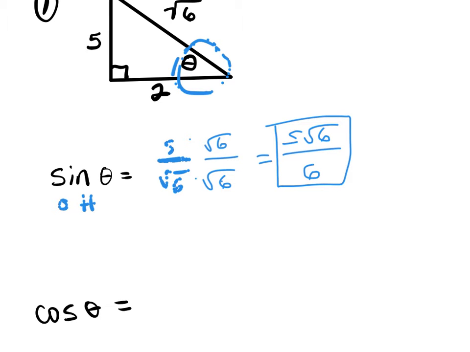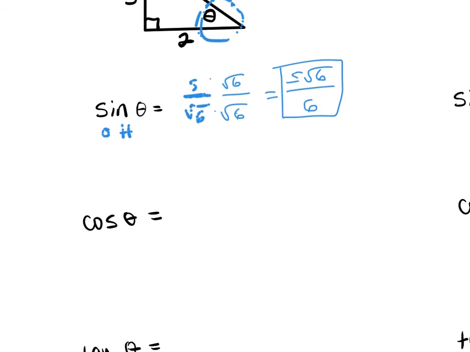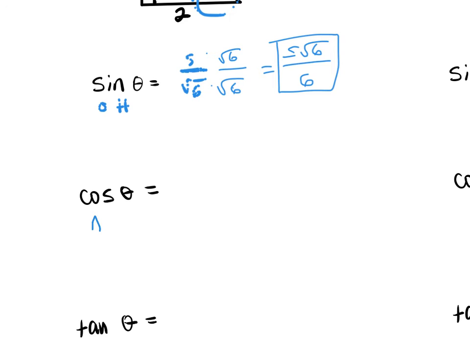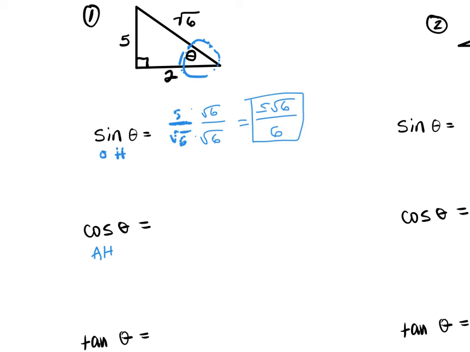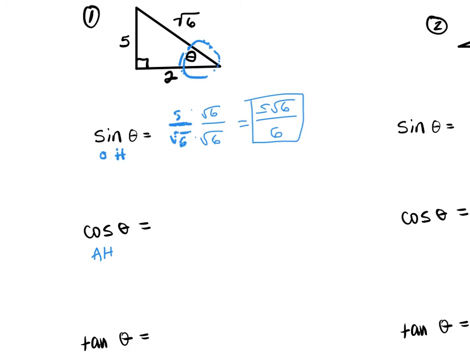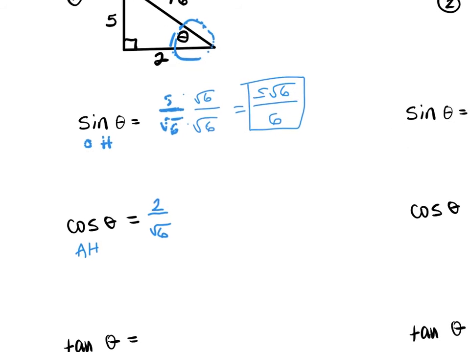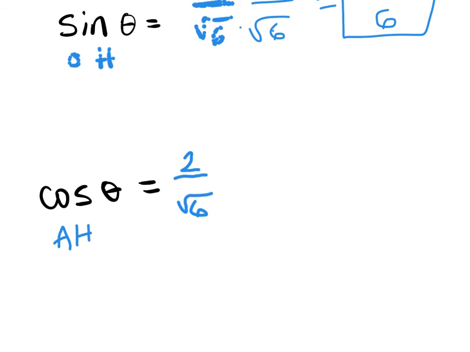Now cosine. Cosine is adjacent over hypotenuse. So what's adjacent to theta? 2. So 2 over square root 6. What's wrong with this one? We have the same thing.